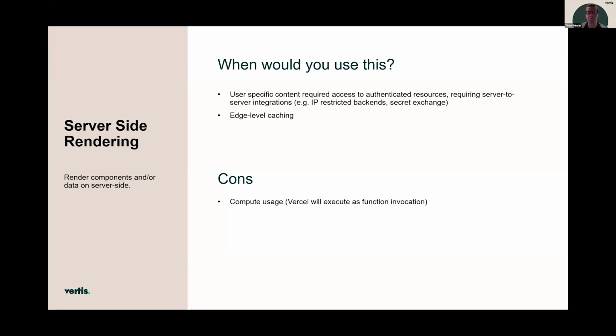So I would say choose it based on the users that you have. If you go for everything server-side rendering, then of course it may increase your function invocations by a lot. But if you use this selectively and understand when you would use this, then it would be more manageable.